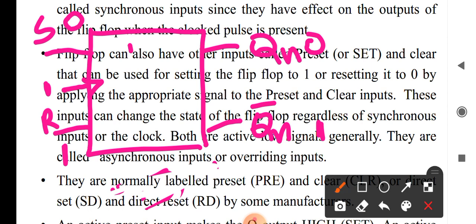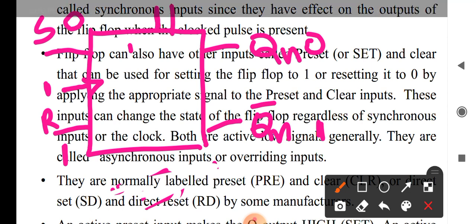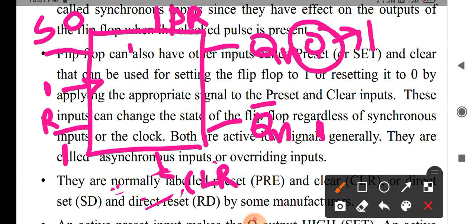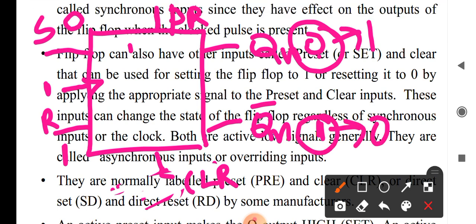Now we are introducing two types of inputs, that is preset PR and clear CLR. What the preset and clear make is an alteration to your outputs, that is, they can change 0 to 1 or 1 to 0 regardless of your input and your clock pulse.